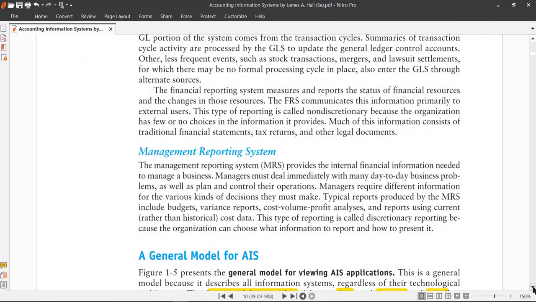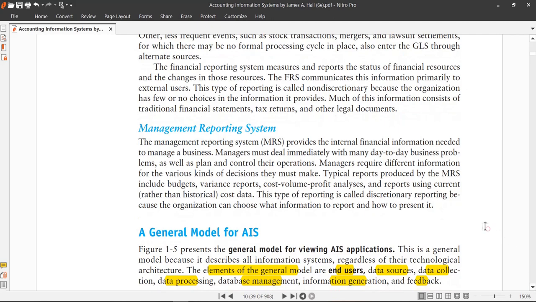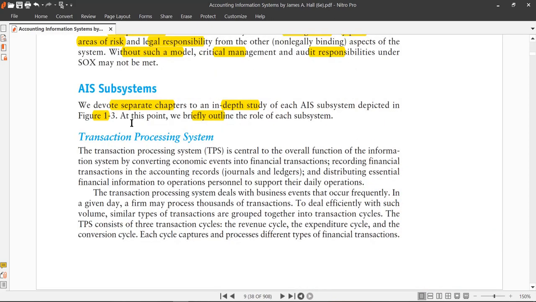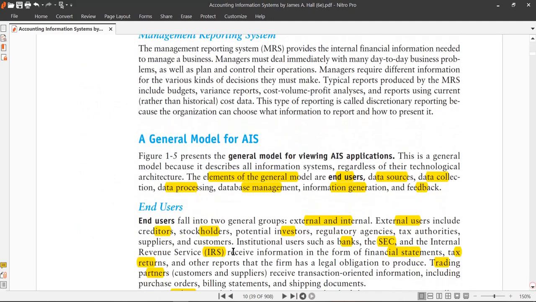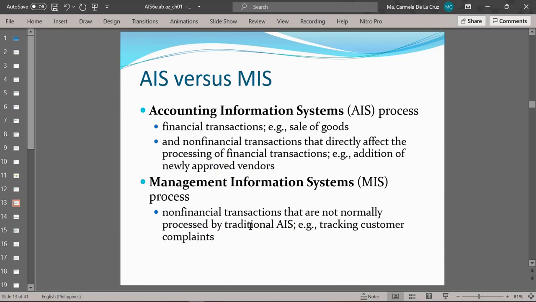Yan yung mga subsystem ng AIS, in which meron niyang in-depth study sa mga susunod na chapter. So, hindi natin siya masyadong di-discuss dito. Pero para madaanan natin siya, ito lang yun guys. Yan, so tapos na tayo dito.